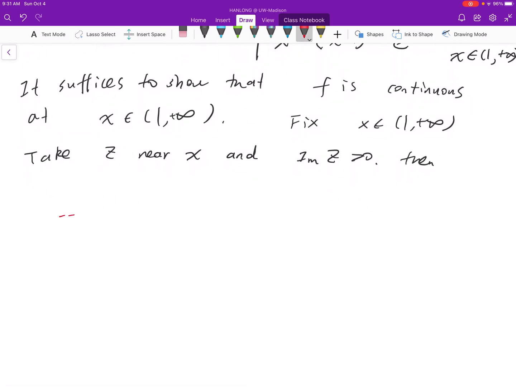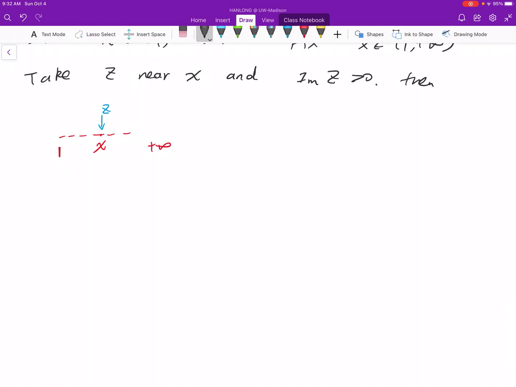This means we are interested in the line from 1 to positive infinity on the x-axis, and now fix the point x. Now you approach x from above, any point z from above. Then let's compare the values f(z) and f(x).